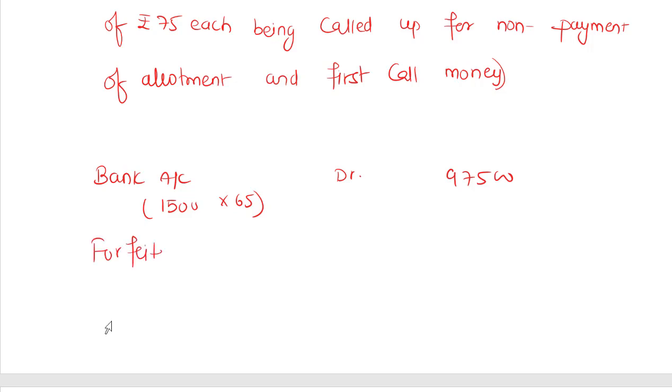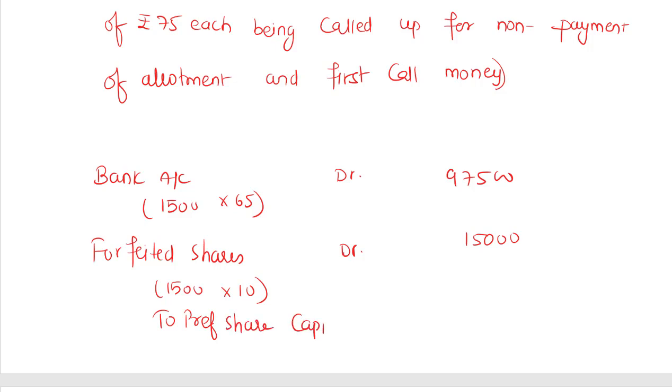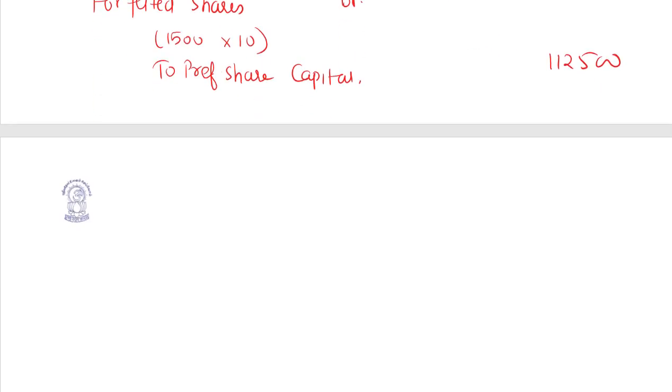Forfeited shares debit, that is 1500 multiplied by 10, 15,000, to preference share capital, 1,12,500.